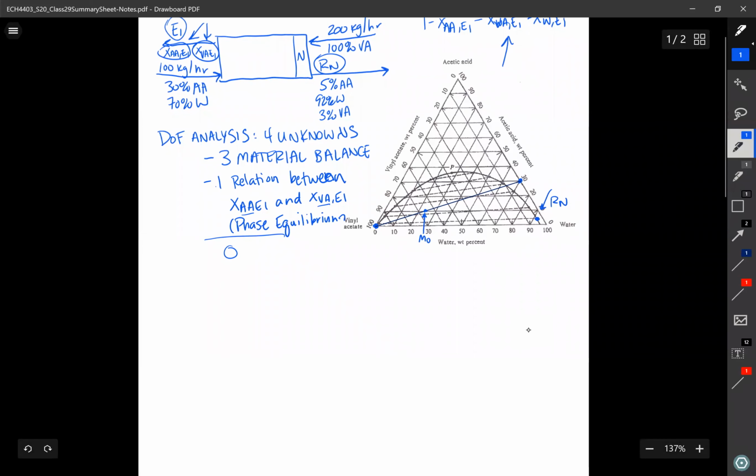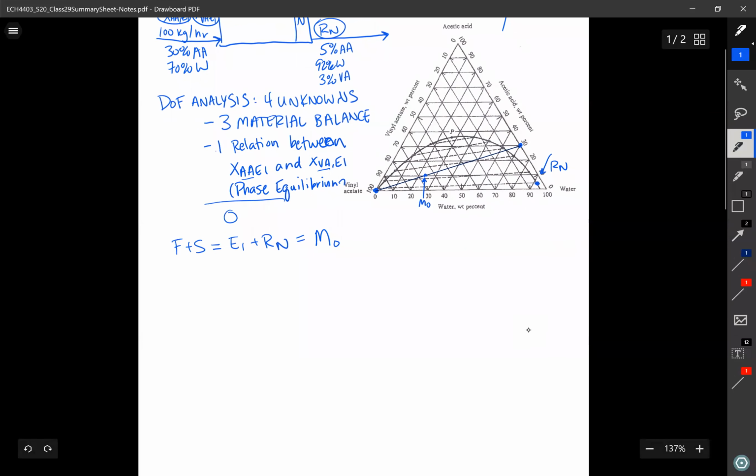And I could do it with the following equations. I'd have to write out all 3 material balances. I'd start by saying that F plus S is equal to E1 plus RN. And in order to solve this problem graphically, what I do is I make it equal to the overall mixing point, M. So it's M0 for overall mixing point. I can also do 2 other material balances, and I'm going to write them in the general form here to save a little bit of time.